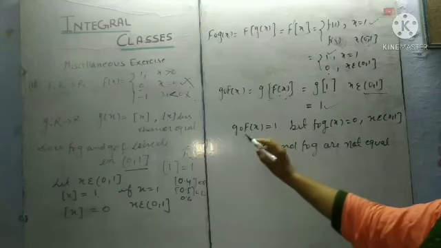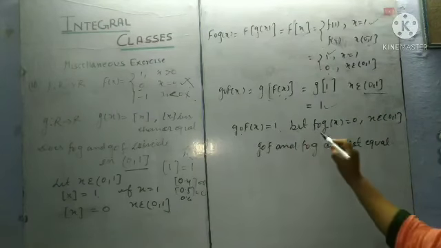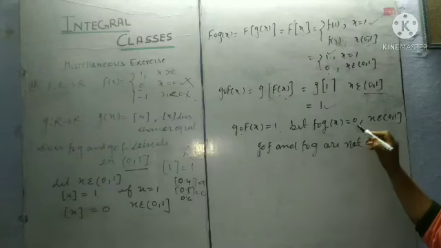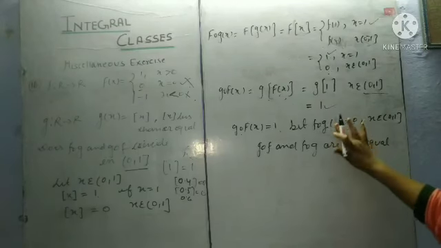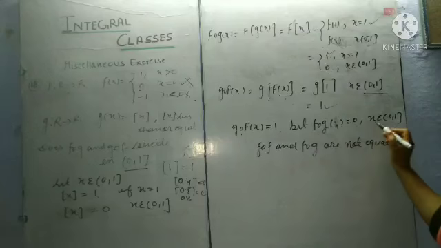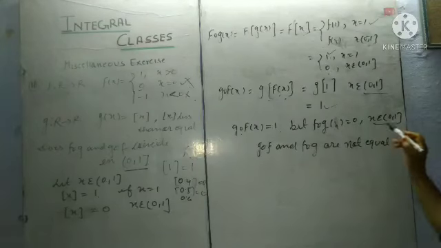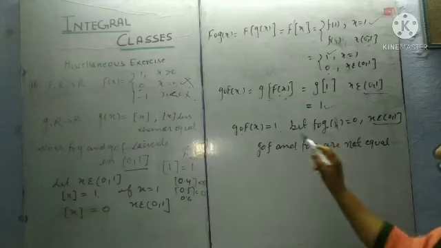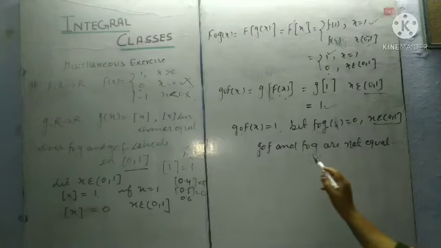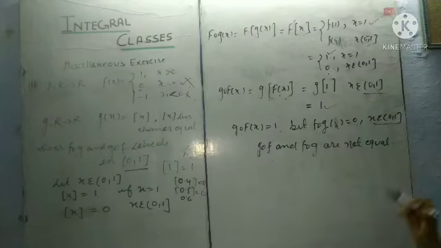So student, g of f(x) equals 1, but f of g(x) equals 0 or 1, where x belongs to the interval. We get different values in these two conditions. So gof and fog are not equal, so they do not coincide.